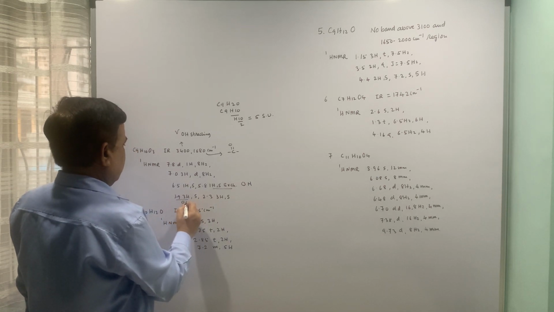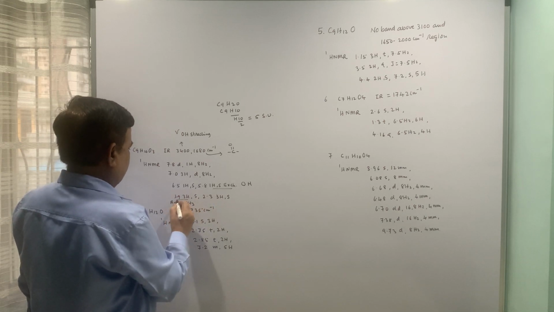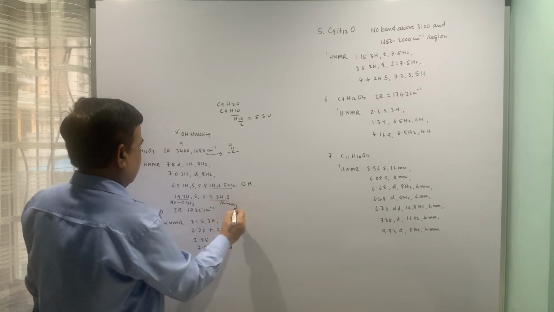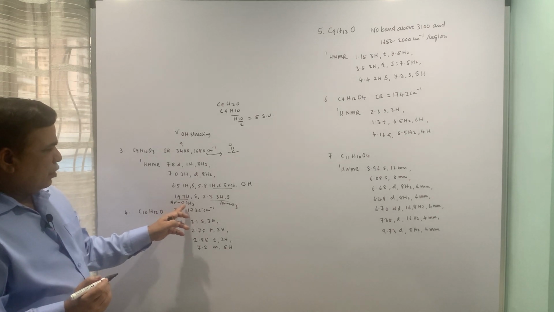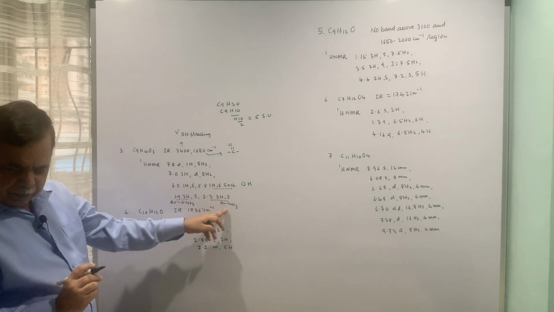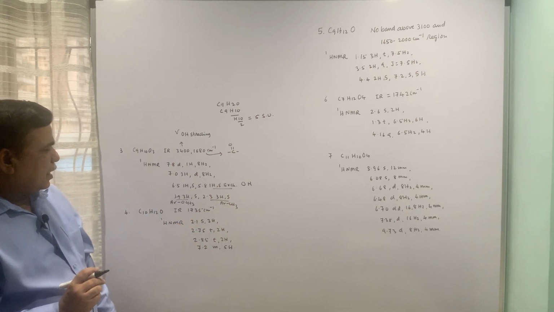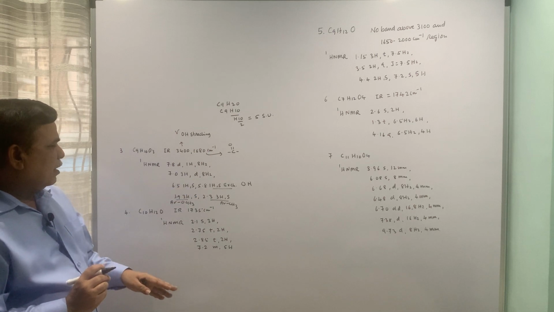This is probably OCH3 attached to aromatic ring this way. This is ArCH3. So 2 groups are there, OCH3 and ArCH3, and carbonyl is also there.